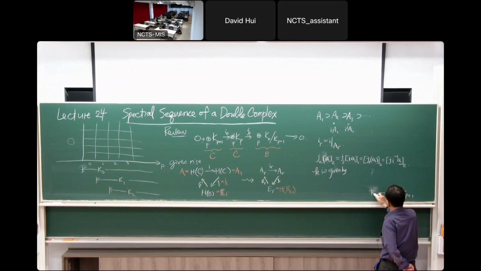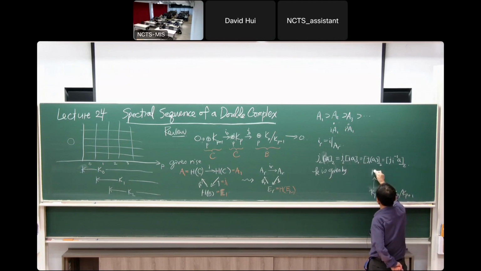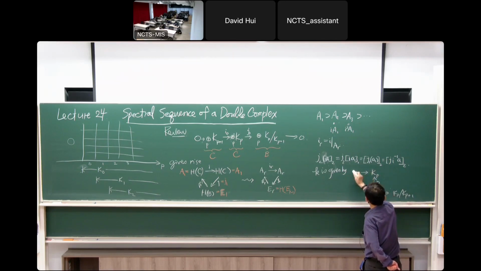And that comes from K_p. And then you go up by d. And then this will come from K_{p+1}.